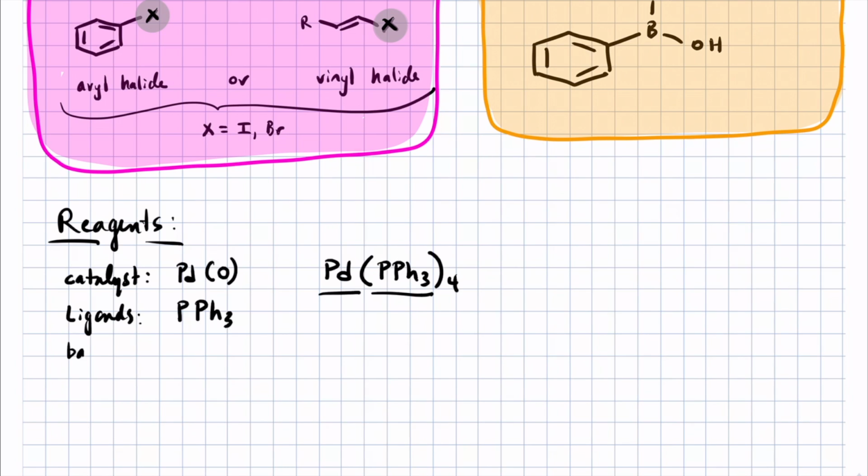And then you also need a base to make the reaction go. The reason for that is not particularly important for us. There are other ligands used. The triphenylphosphine palladium is one that is frequently a good way to get palladium 0, but sometimes they add other phosphine ligands to modulate the reactivity.